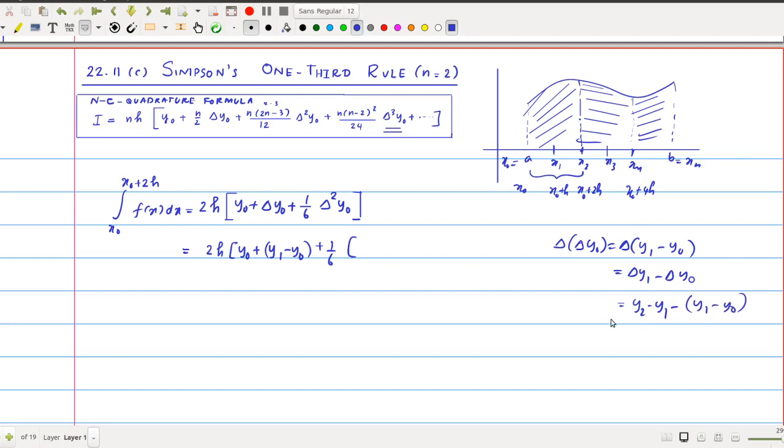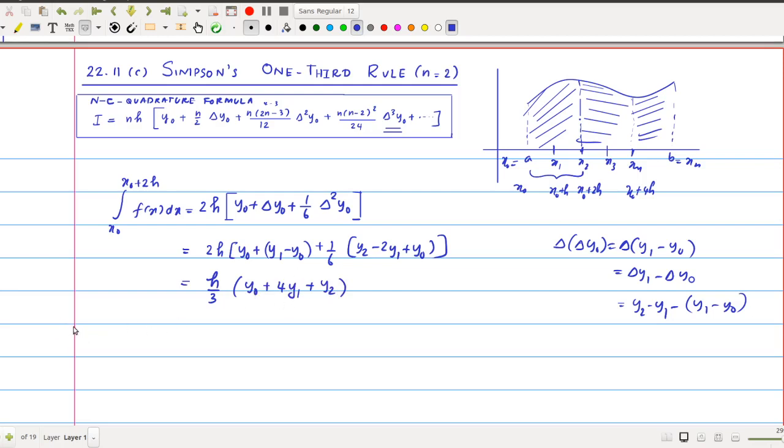By applying this, you get y2 minus 2y1 plus y0. So we substitute that here, and simplify. Then you will get h by 3 times y0 plus 4y1 plus y2. So this is the value of this integral.